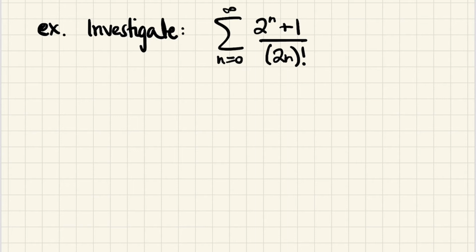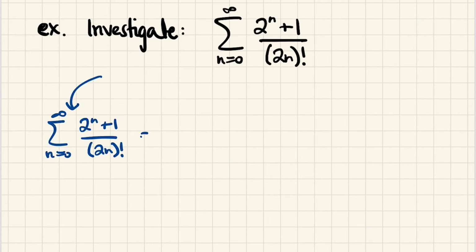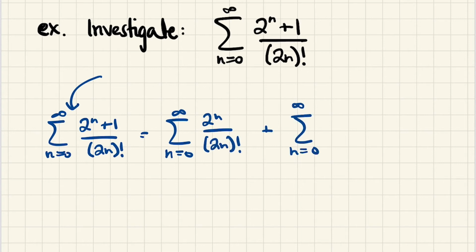But no problem, because that plus is in the numerator, which means we can split this into two separate series. So instead, let's write it as follows. And now we will just test the convergence or divergence of A and B.